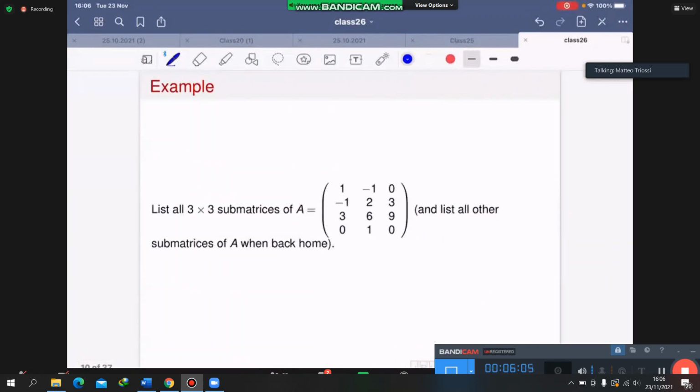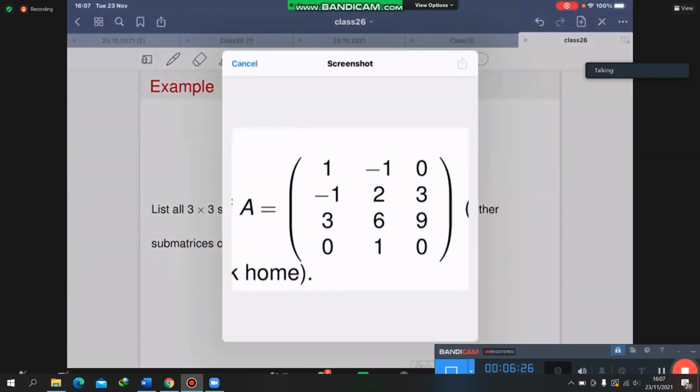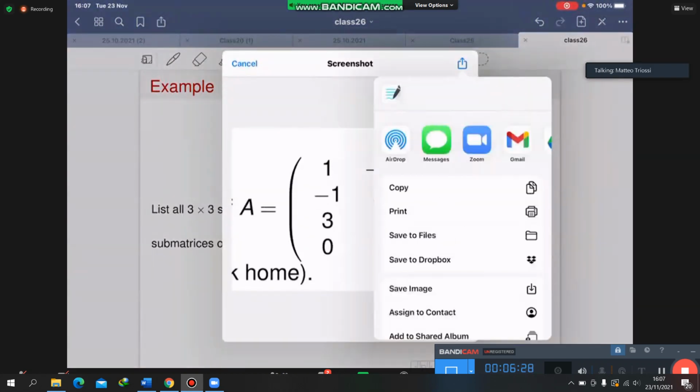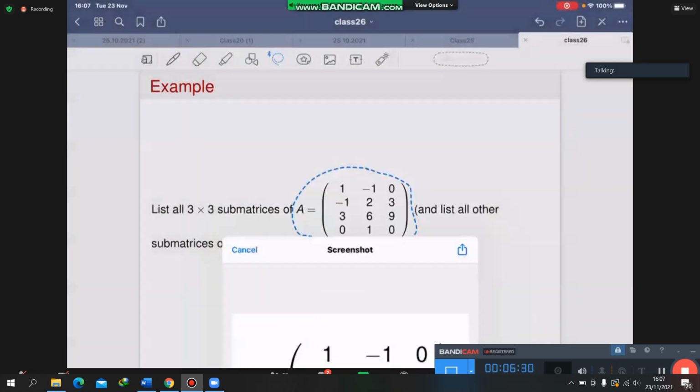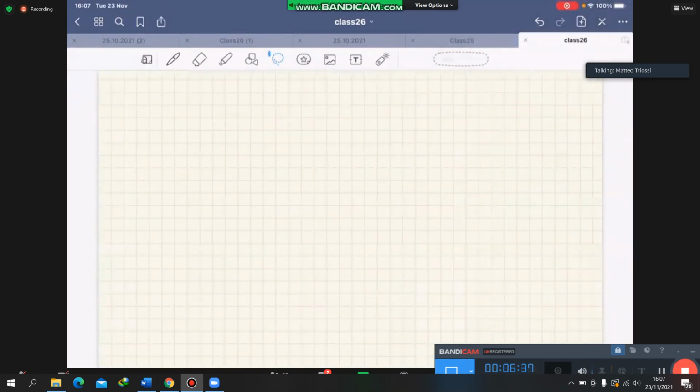So, for instance, assume we have this matrix, which is a 4x3 matrix, A. And let's try to list all 3x3 submatrices.